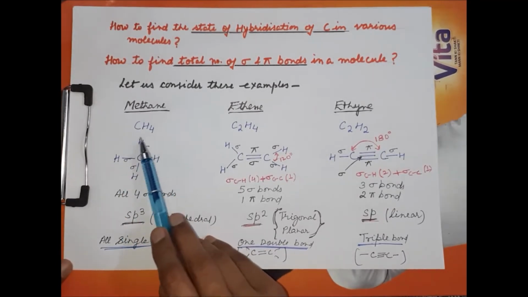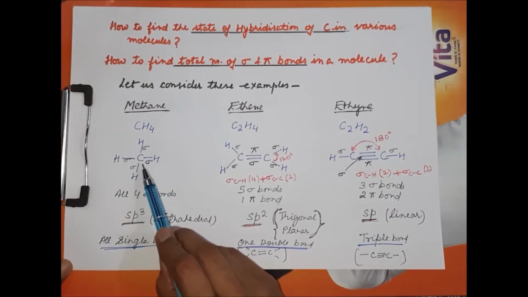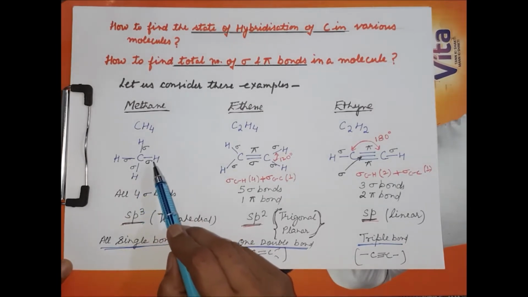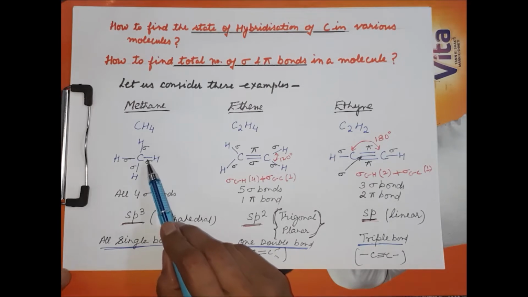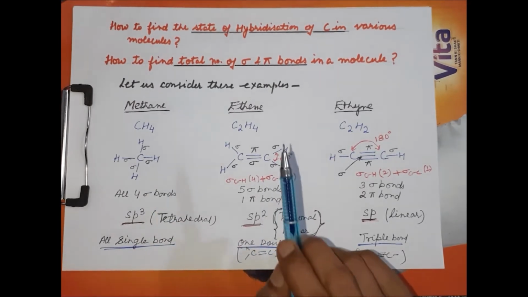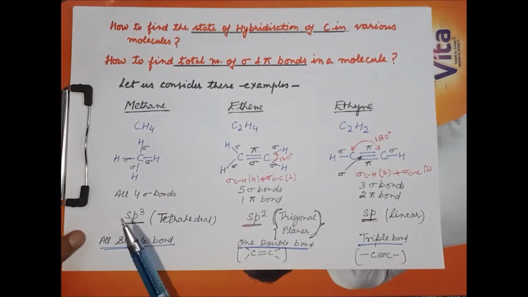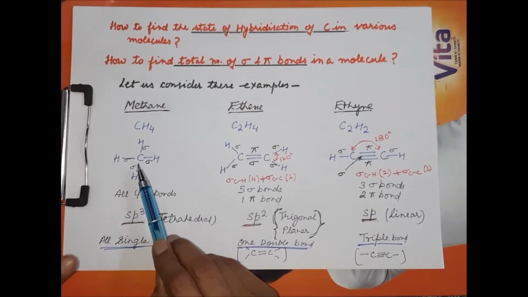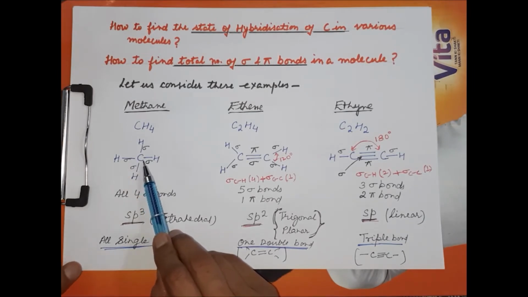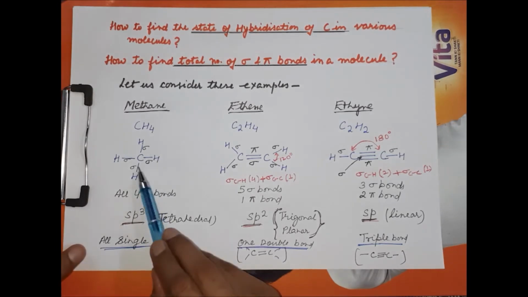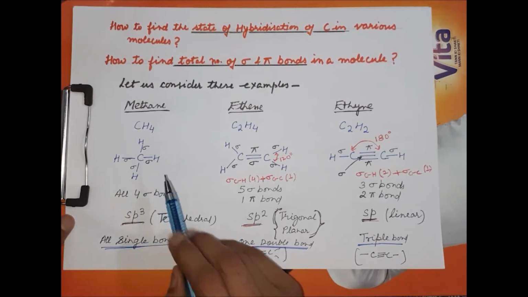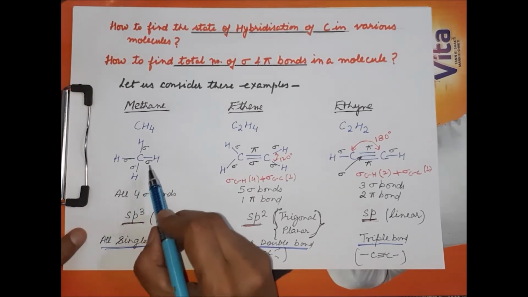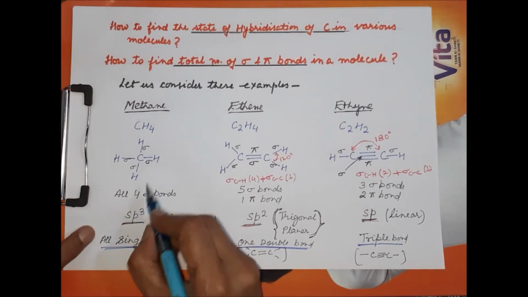This is methane, CH4. It is written like this: C, and with C, 4 hydrogen atoms are attached by single bonds. In all such cases where carbon is the central atom and has all 4 single bonds, first point, all these single bonds are sigma bonds.